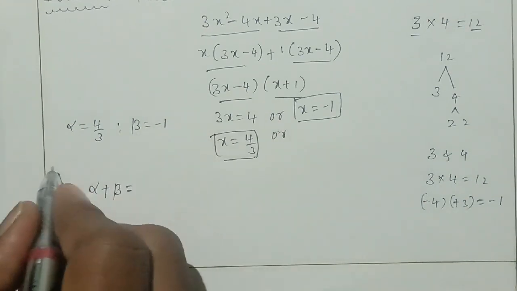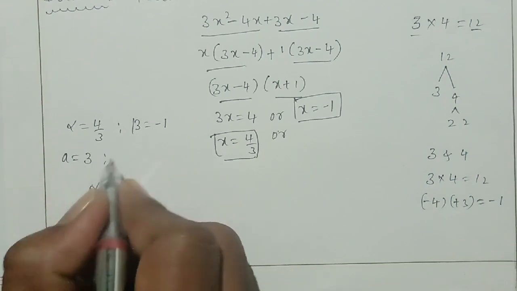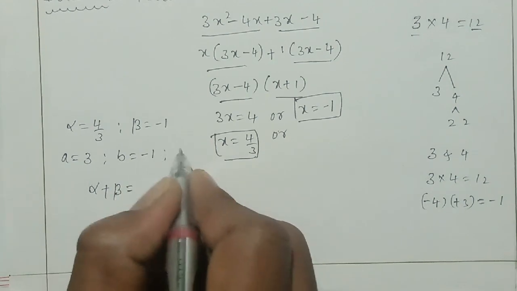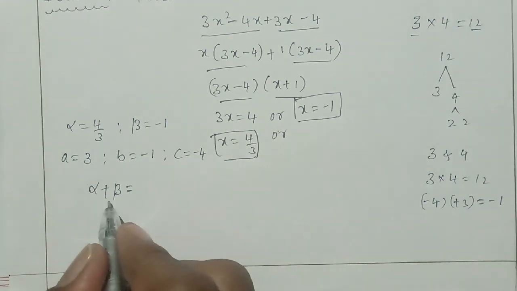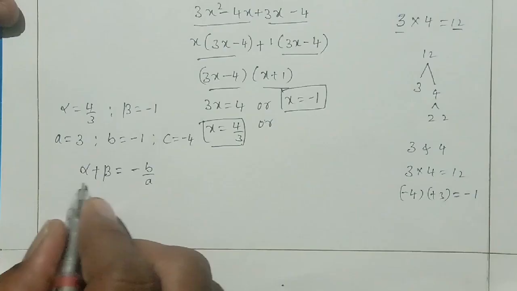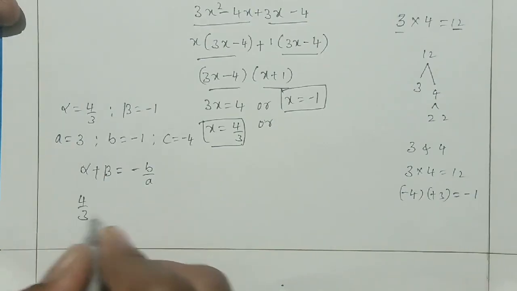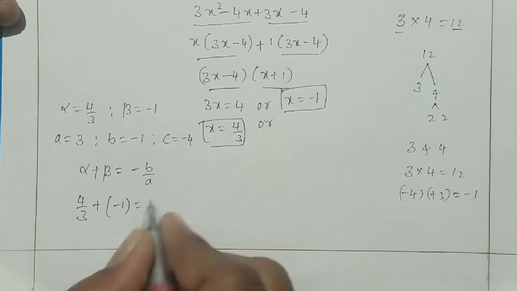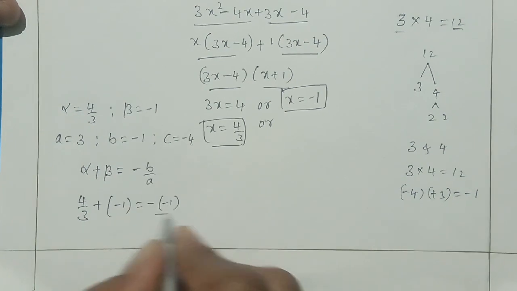Here, a is the coefficient of x square, that is 3, b is the coefficient of x, that is minus 1, and c is the constant, that is minus 4. Sum of zeros, alpha plus beta, equals minus b by a. You know this formula. Alpha is 4 by 3, plus beta which is minus 1, equals minus b, that is minus of minus 1, divided by a, which is 3.